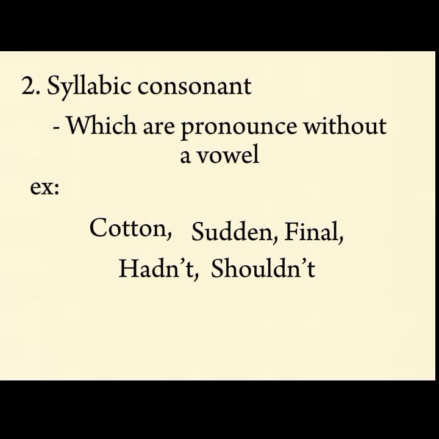Ang syllabic consonant po is yung mga words po na hindi po natin na-pronounce ng maayos with the vowel. Parang may nawawala po sa vowel. Like yung sudden, hindi natin siya na-pronounce na sudden. Parang may vowel doon na nagiging silent po. Like final, hadden, shouldn't.